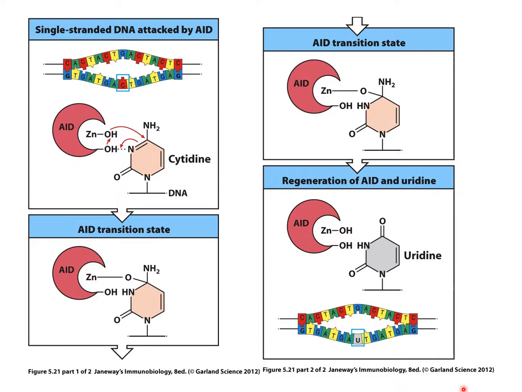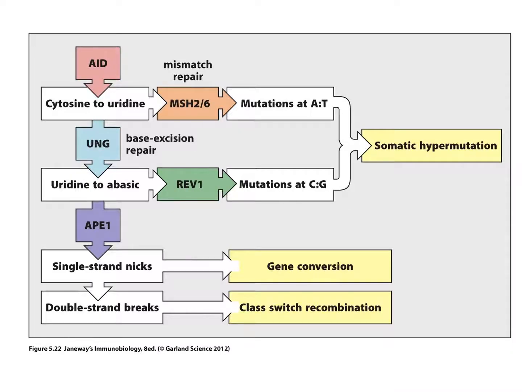So you're going to have normal mismatch repair enzymes coming in to fix it. But what's going to happen? Well, AID comes in, turns cytosine to uridine. You get mismatch repair. You end up with mutations.